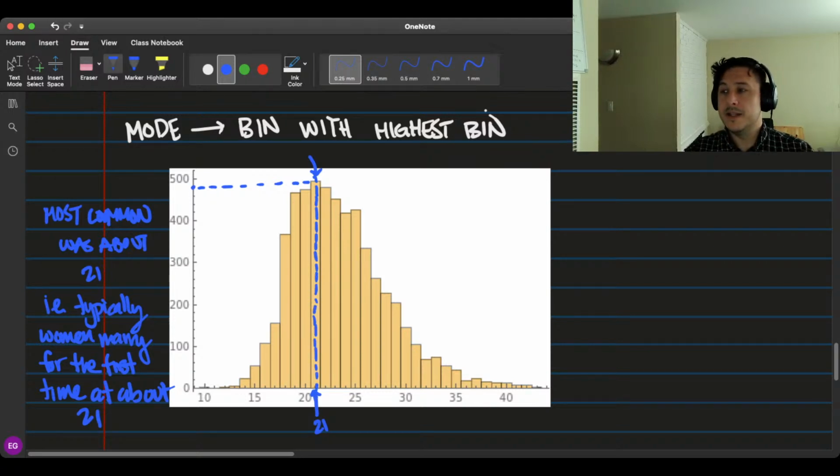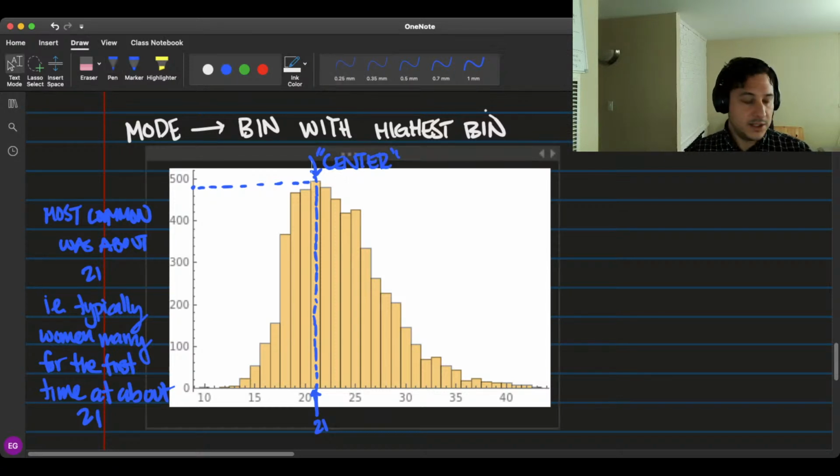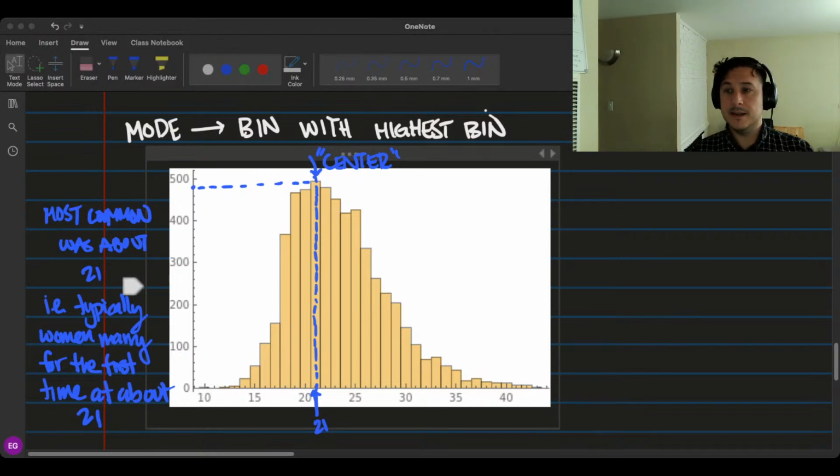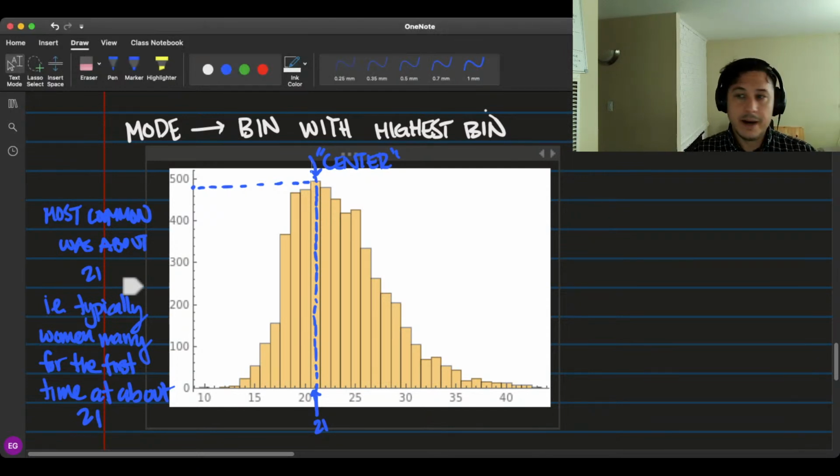We're going to call this our center, or you could call it the mode, whatever. The mode is what I think of as the center of the graph. Notice I put center in quotes, because do you see how it's literally not in the middle? We're just calling it our center.